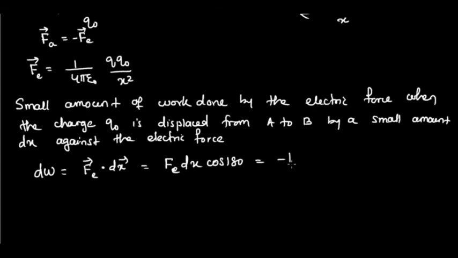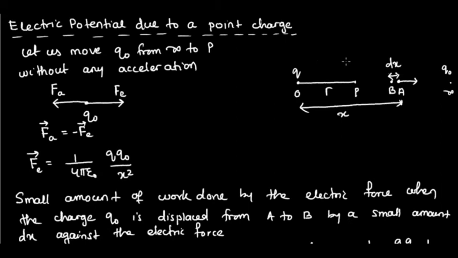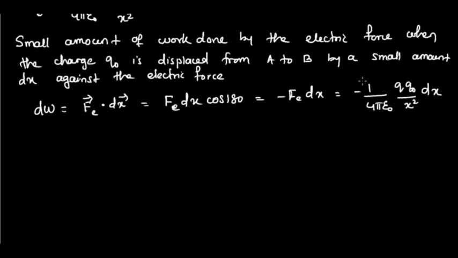So I can write minus Fe into dx. And what is Fe? Fe is 1 by 4 pi epsilon naught Q Q naught by x square, and here you have to multiply dx. So for the small displacement dx from A to B, the work done by the electrostatic force is this much. Is that clear?